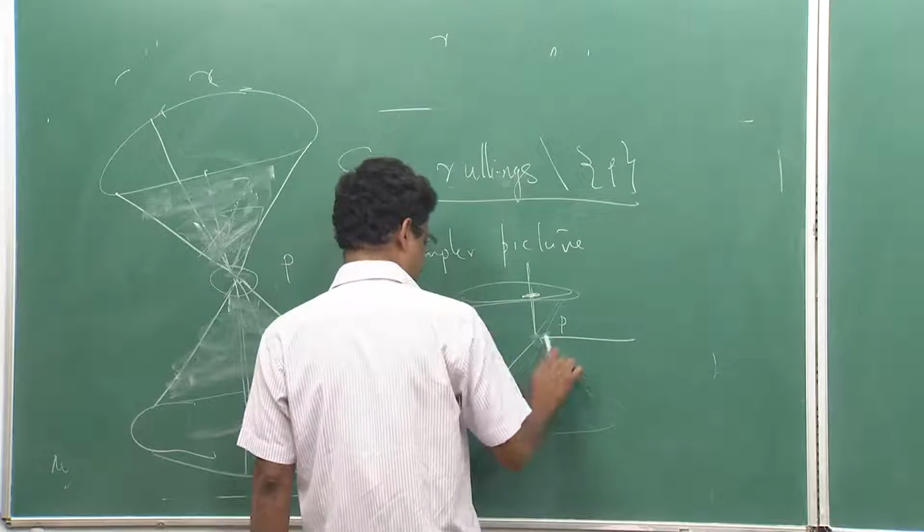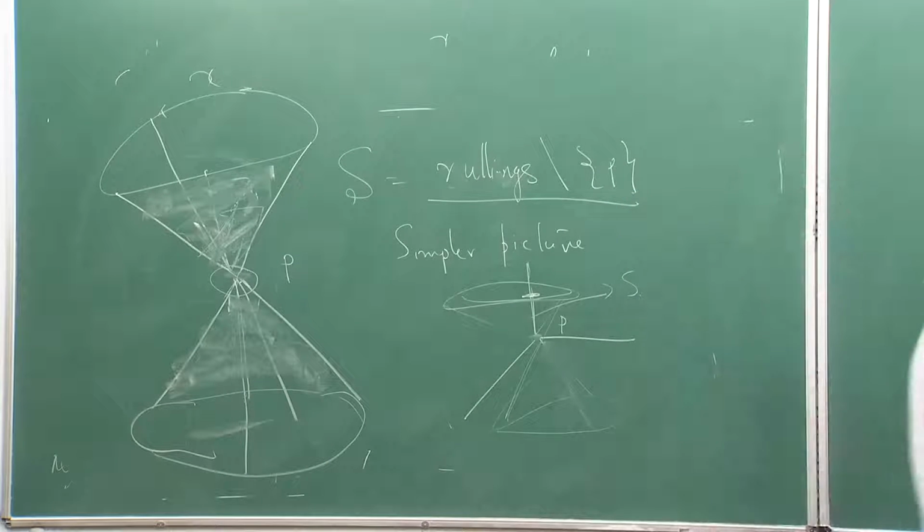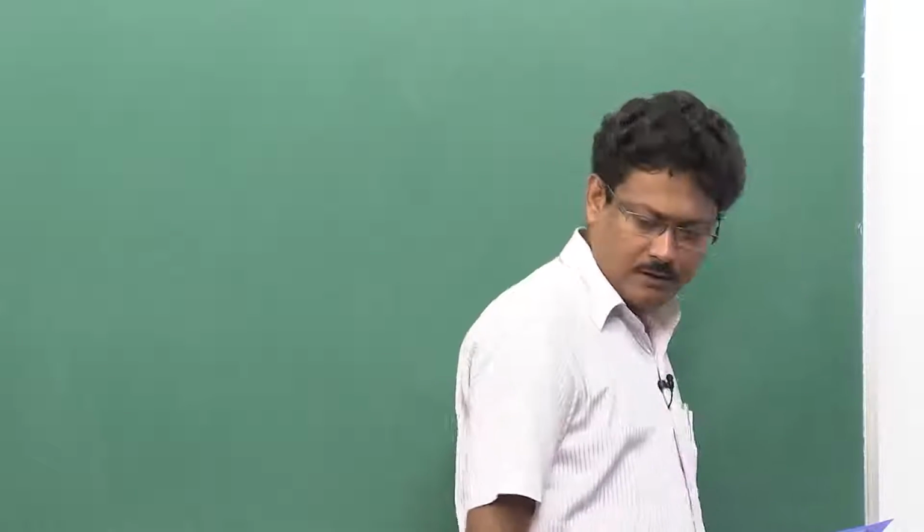You have to remove the origin, this is your S, and I will leave you to calculate sigma u and sigma v.